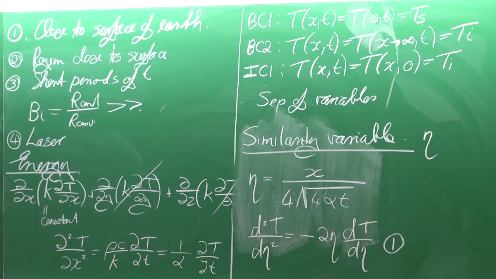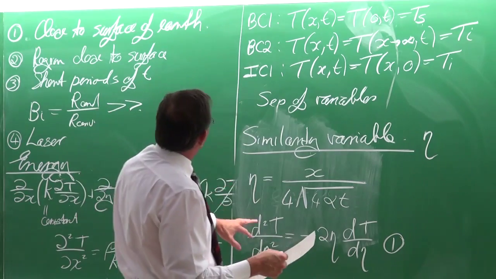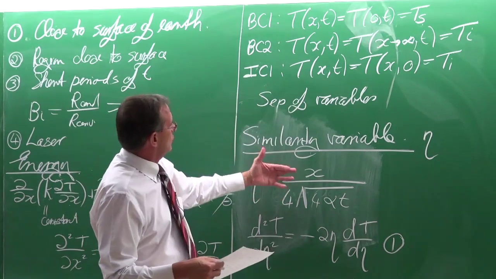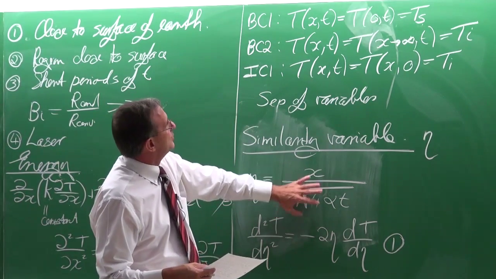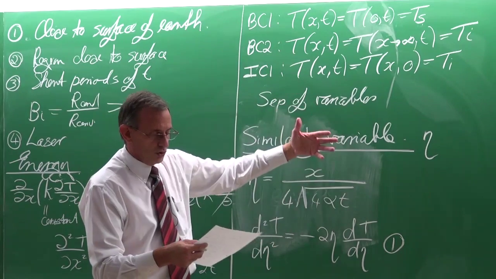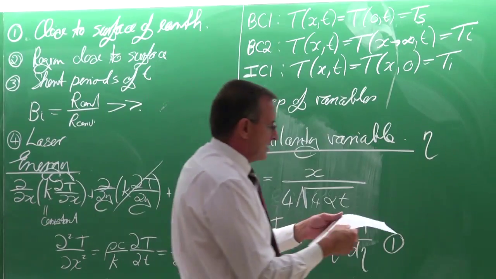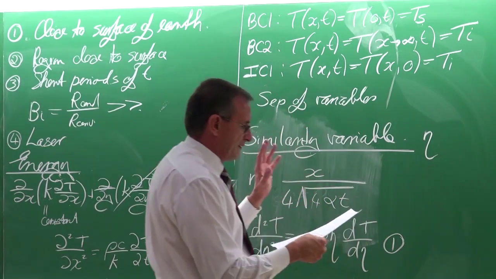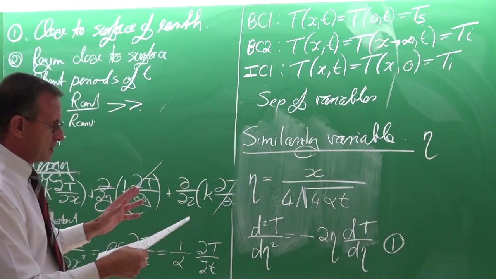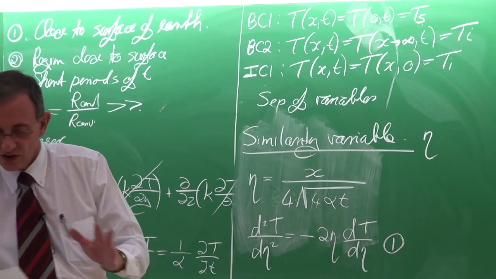I know there's a typo there. If we now look at the boundary conditions and use this similarity variable to rewrite them, we end up with a first order differential equation, which can be solved by the separation of variables method.